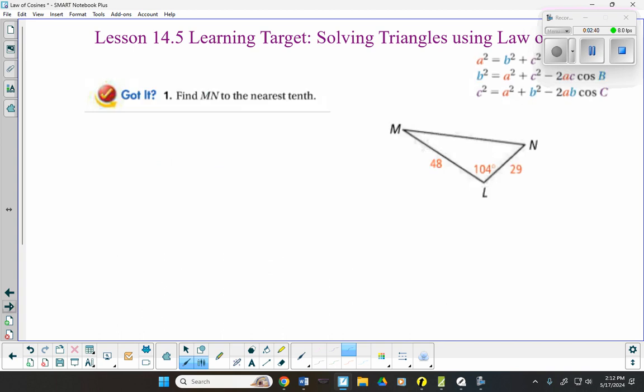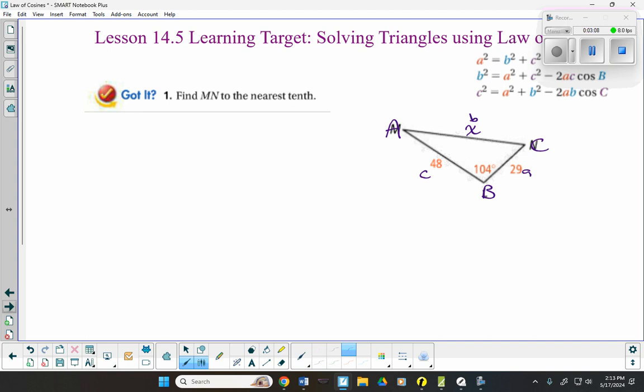All right. The next problem, we are looking for the length of MN, so I'll put an X right there. It may be confusing if you haven't figured out the pattern yet to know what letters go where. So what I would do is just change the letters to A, B, C. Across from big A is little a, across from big C is little c, and across from big B is little b.